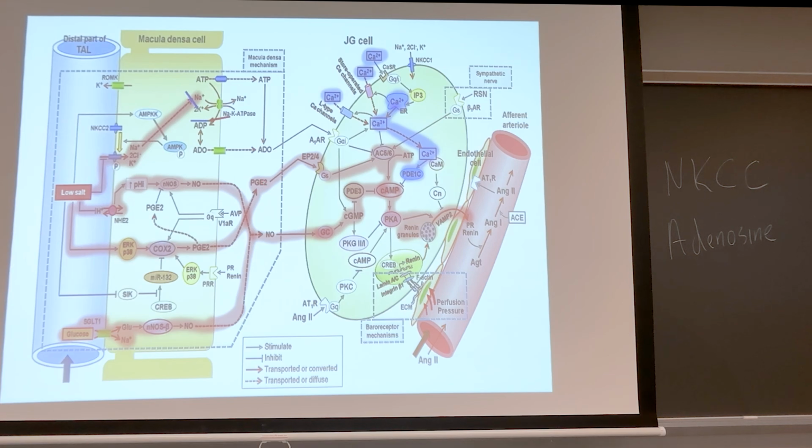You can do that using NOS also, which produces nitric oxide. If you remember from your pathway, nitric oxide enters the cell because it's hydrophobic and activates a cytoplasmic guanylate cyclase. This will produce cyclic GMP, right? Another second messenger.